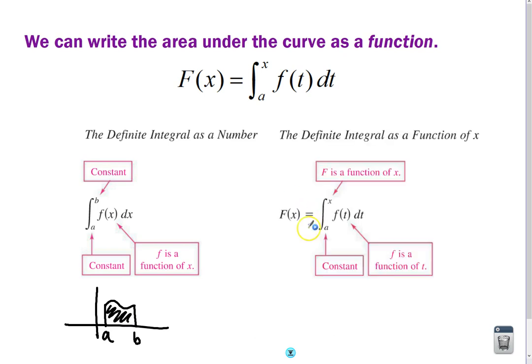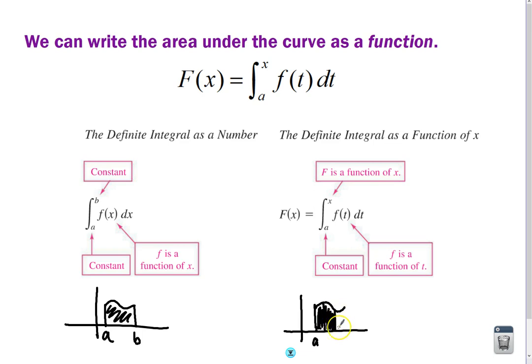So if I looked at the definite integral as a function, looking at the same function, I'm starting at a, but I don't actually know where I'm stopping. x could be here, and so I have this much area, or x could be here and I have this much area.